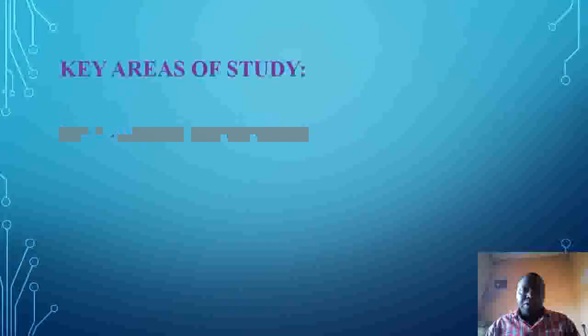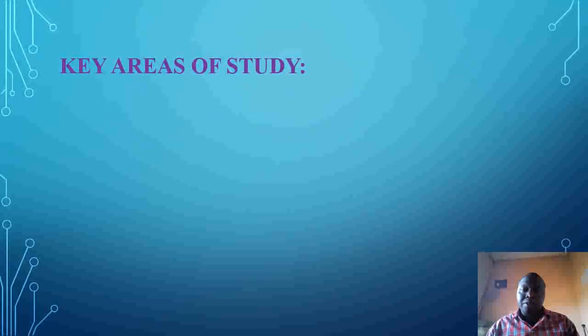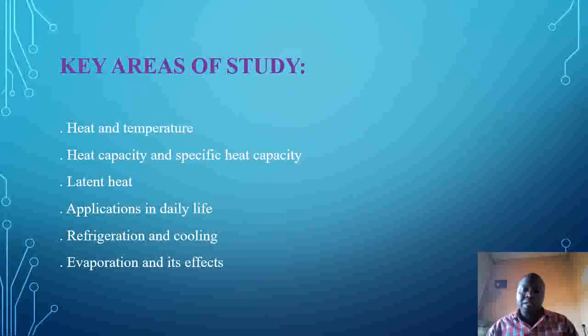Then when we proceed to this other slide, the key areas of our study shall be concentrating on some of these areas, though we may not exhaust all of them, but we shall concentrate on a few of them. Heat and temperature, we shall also look at heat capacity. We shall then go to specific capacity, latent heat, applications of heat capacity, specific capacity, and latent heat in daily life.